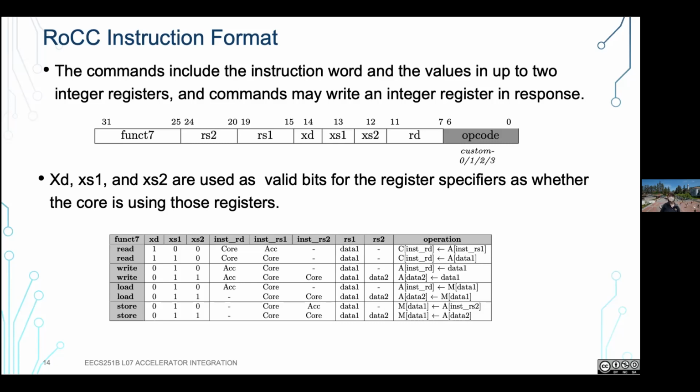Those instructions act more like load instructions. Whenever the CPU sees this, it knows it's a custom RoCC instruction. Instead of processing locally in the CPU pipeline, it invokes the accelerator and passes the data to it for processing.